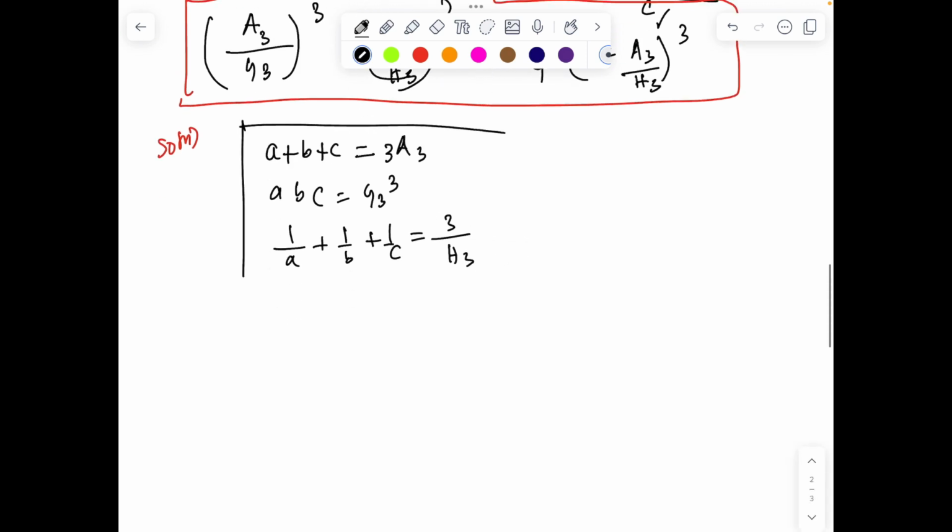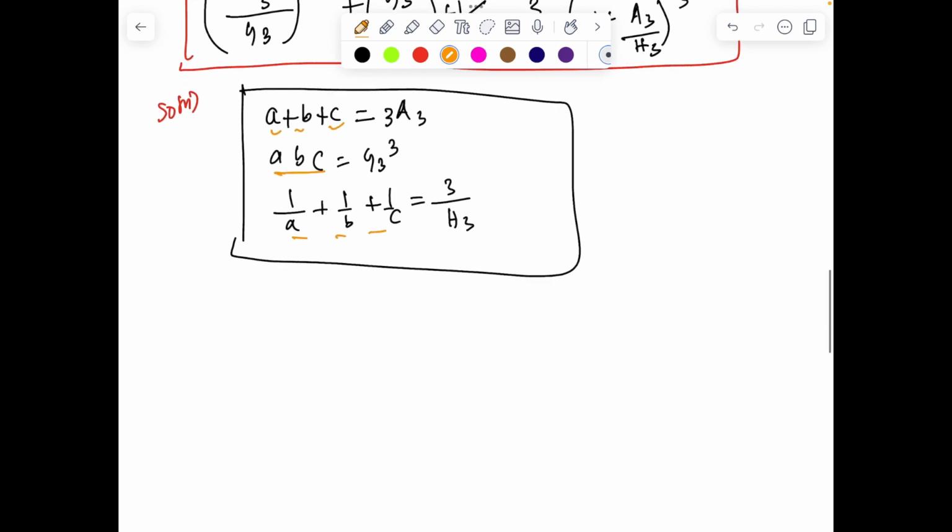Now how are we going to relate A3, G3, S3? Clearly we can see ABC are roots of a cubic. So it's giving us a cubic kind of equation.